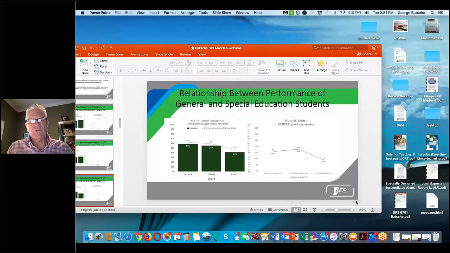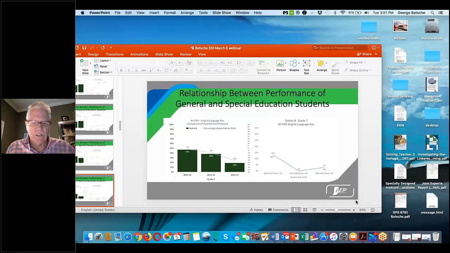Now look what happens in a district where things are not going so well. The students with disabilities, their rate of loss is about the same as for all kids in general education, and this one is even worse. So these are just some data.